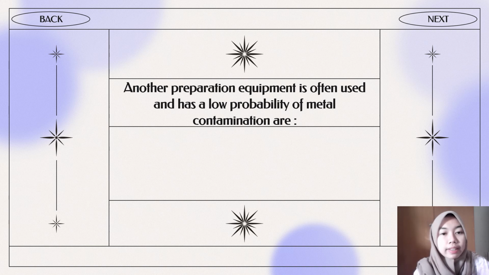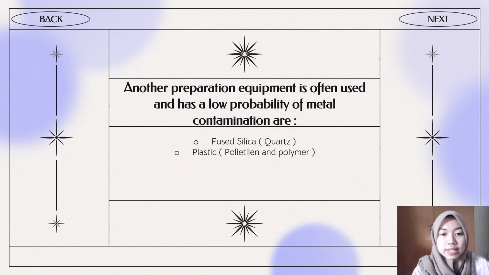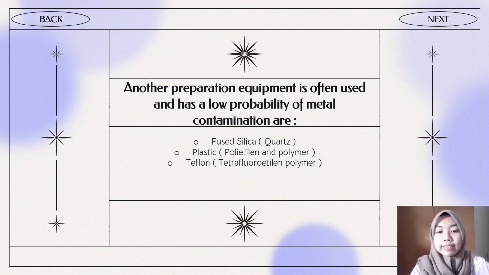Other preparation equipment that is often used and has a low probability of metal contamination are: the first, fused silica; the second, plastic or polyethylene and polymer; the third, Teflon, tetrafluoroethylene polymer; the fourth, PVC, polyvinyl chloride; the fifth, rubber; the sixth is filter paper.